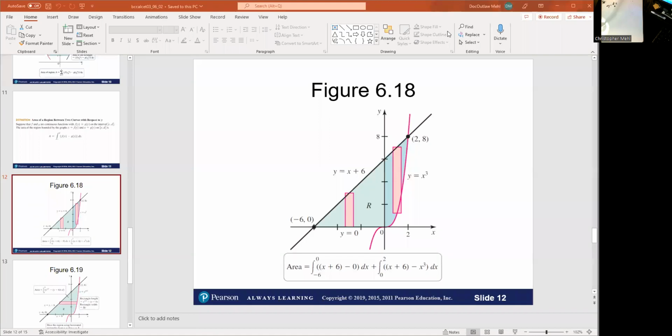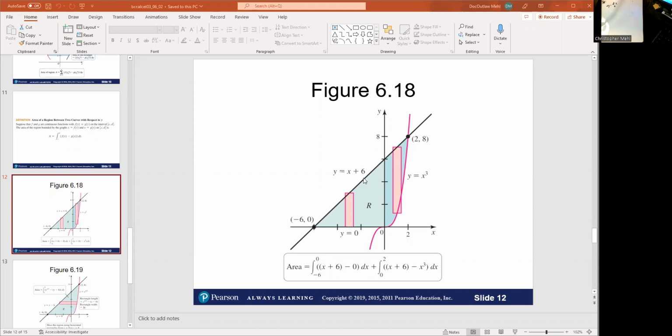We want to find the area of the region bounded by the curves y equals x cubed, y equals x plus 6, and the x-axis. Now I could set this up as an x integral, right?